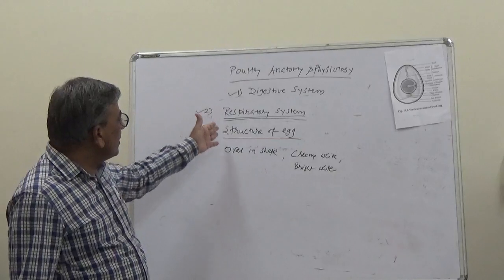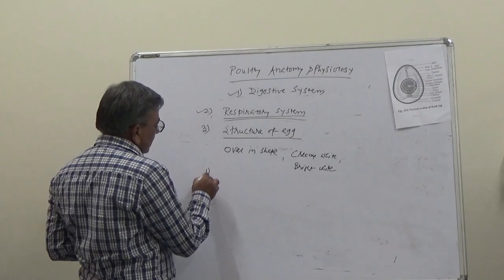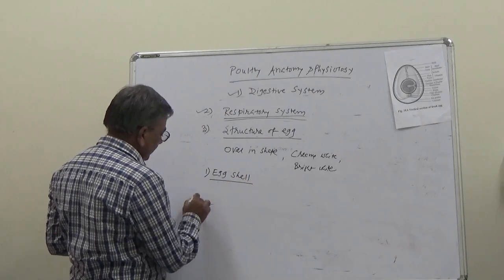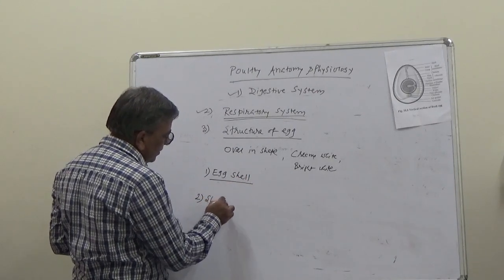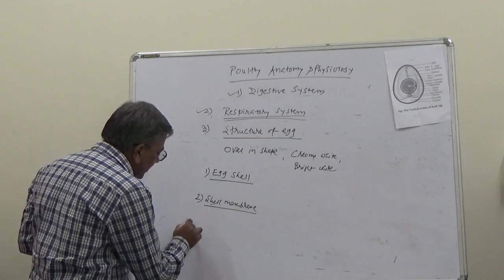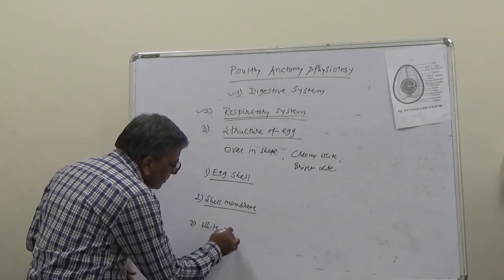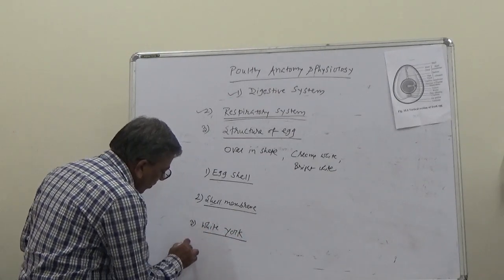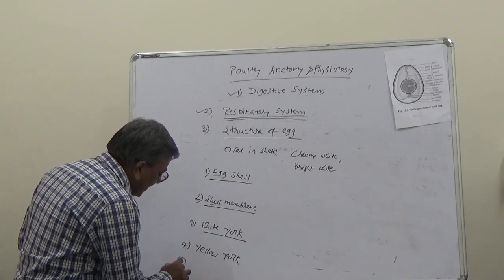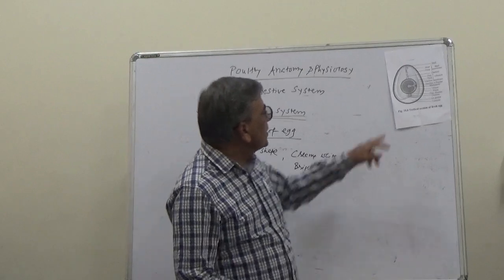Now the different parts or constituents of egg are, from outside to inside: egg shell, shell membrane, and, for the ease of understanding, I am using easy terms: white yolk and yellow yolk, and of course there is an air space, air sac, which is present at the broader end.